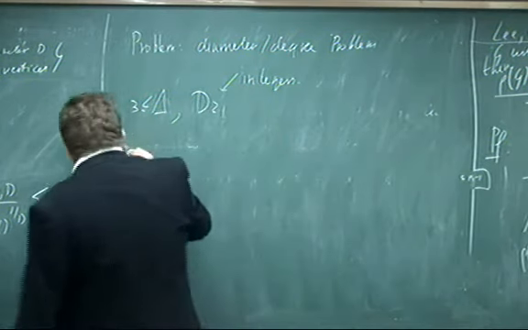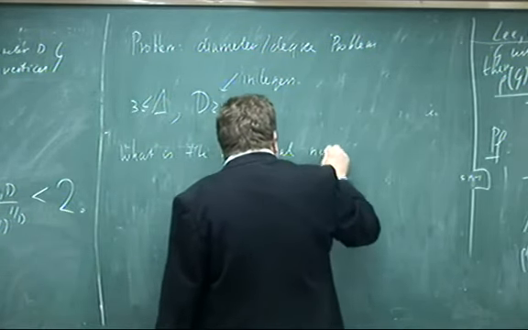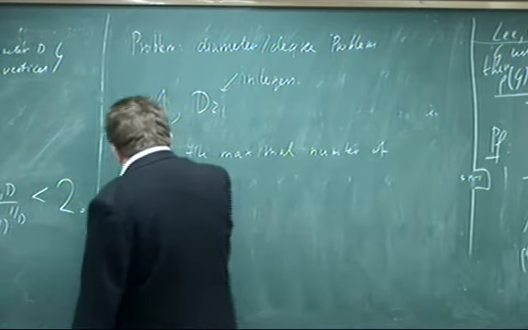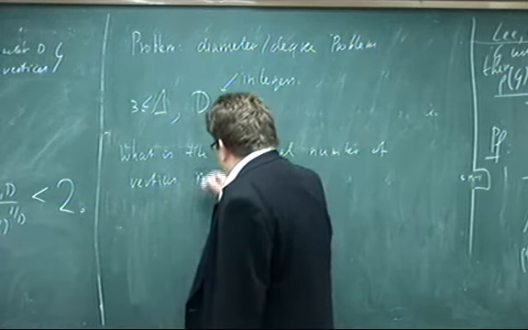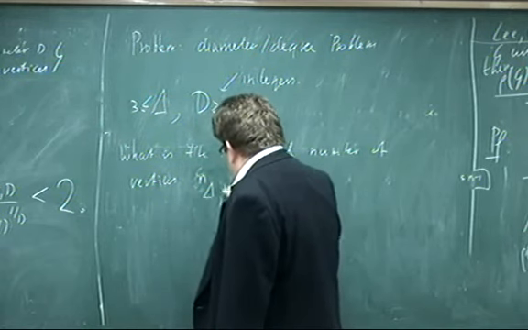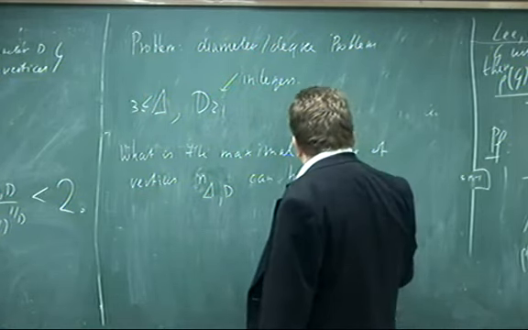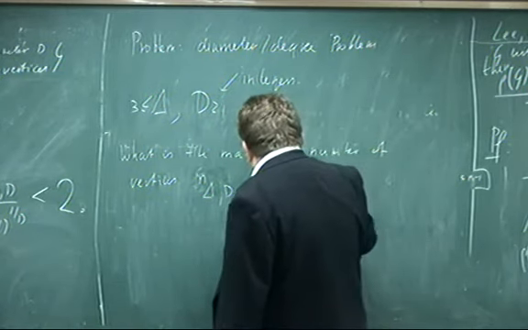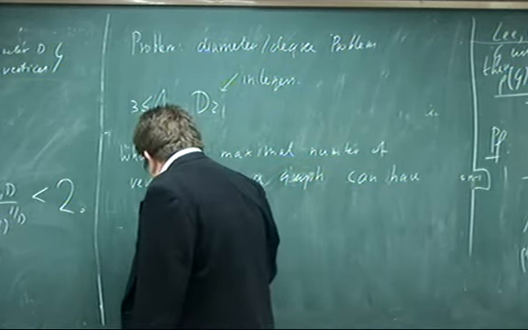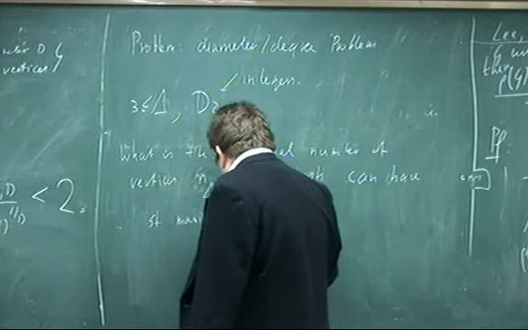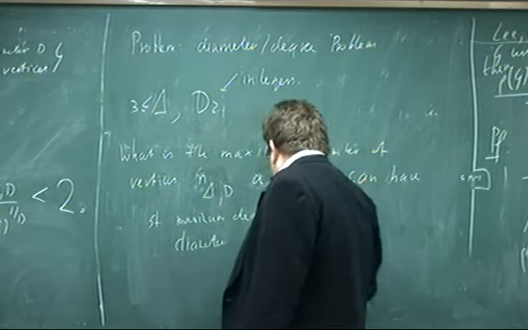Then you can ask, what is the maximum number of vertices a graph can have, which we call n delta, d, such that the maximum degree is at most delta and the diameter is at most d.